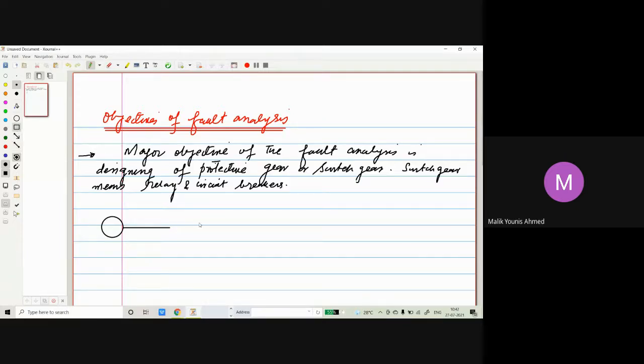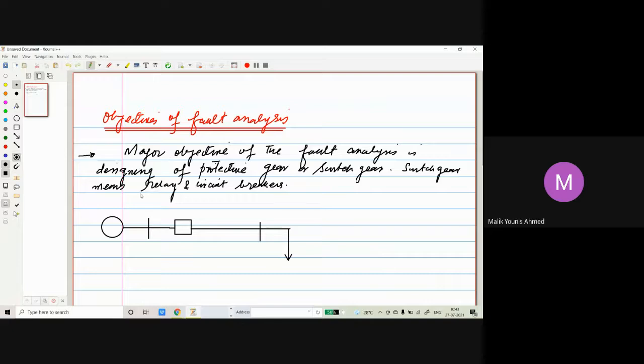Okay, then we have a box. After that, we have a transmission line, and the transmission line is having two bus bars. We have a bus bar here and we have a bus bar here.